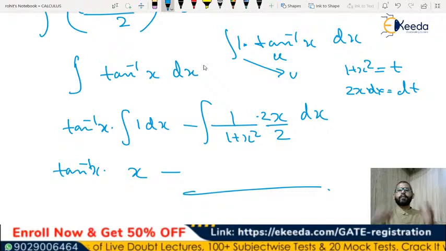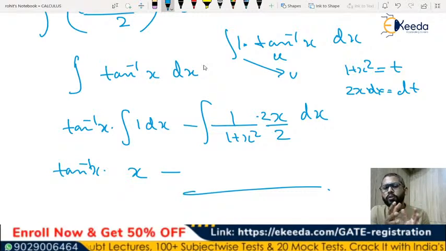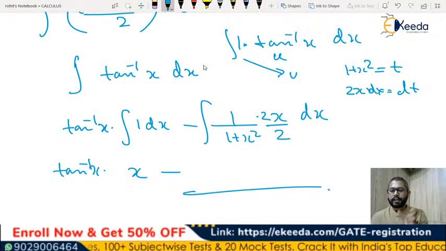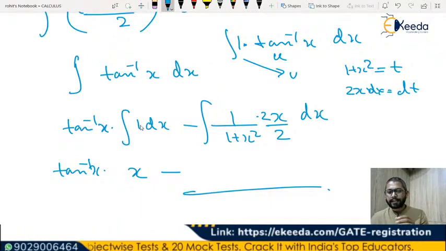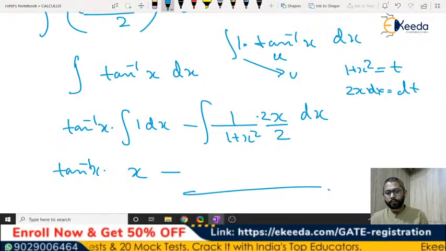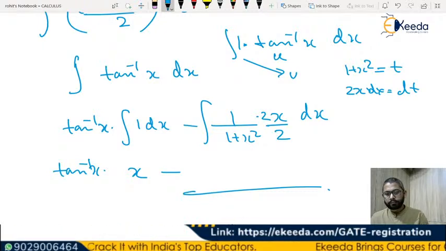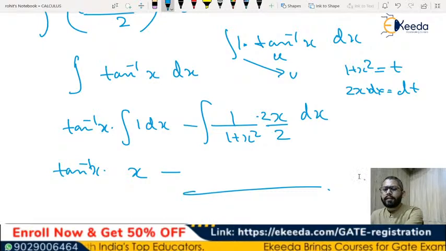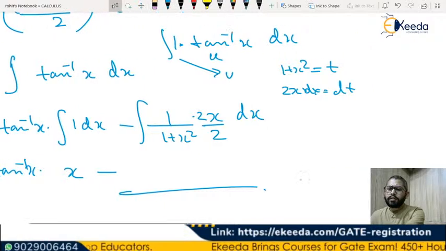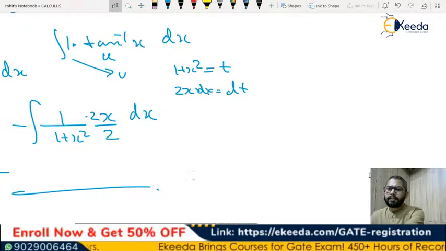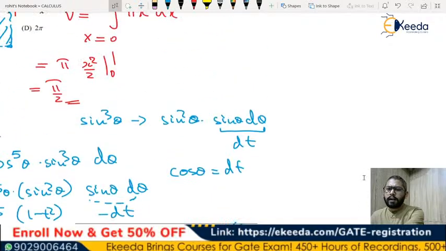Some of the time the functions are like this, so you'll have to do by parts considering the other function as 1, like we have done in this case, right?